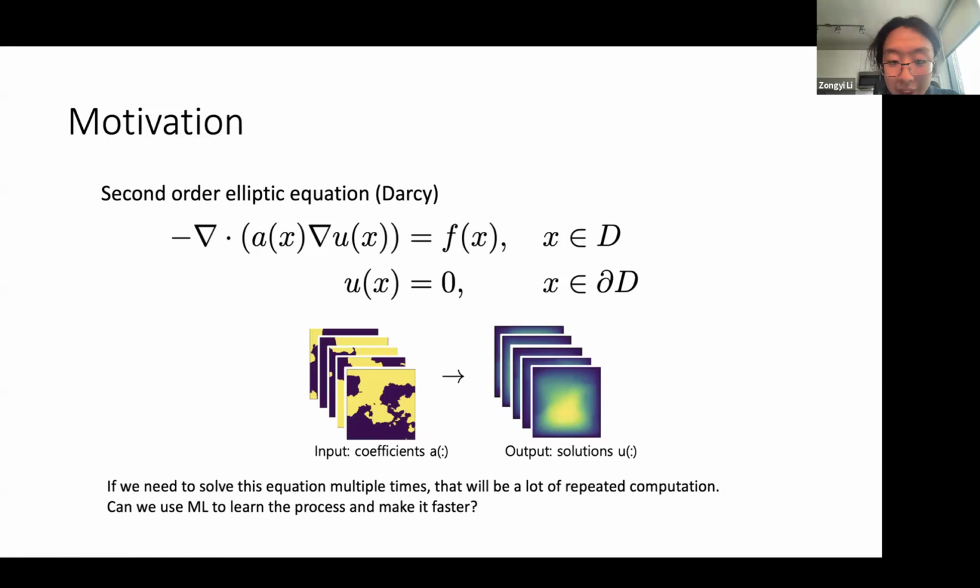In scientific computing, usually we just discretize the space and solve the equation, which could be very, very expensive. So the key research question is, if there is something shared across all the cases, maybe we can use machine learning data-driven methods to find the similarity and accelerate this process.